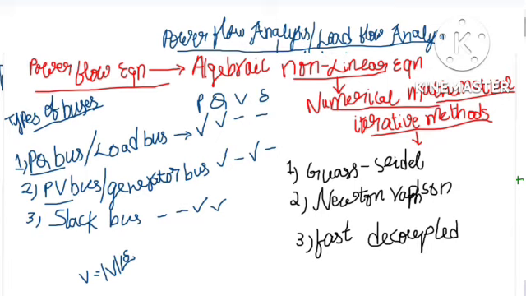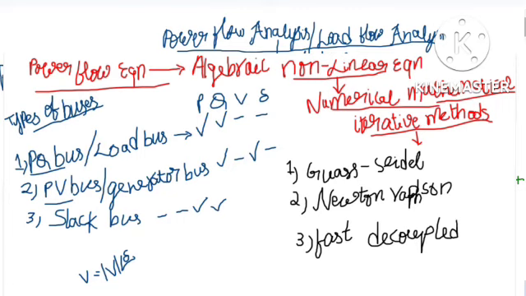If P is given, Q is given, and voltage and delta are unknown, then it is known as a PQ bus. For the PV bus, P is given, Q is not given, voltage is given, and delta is not given.